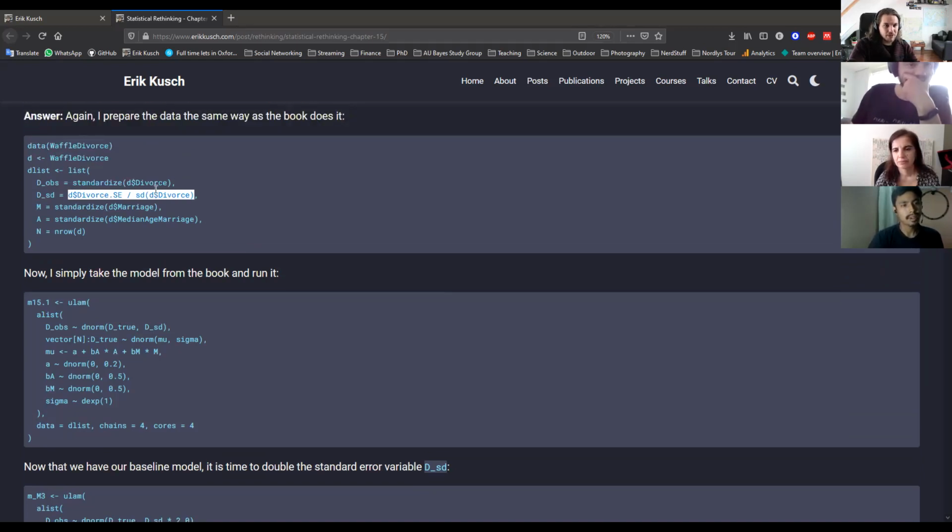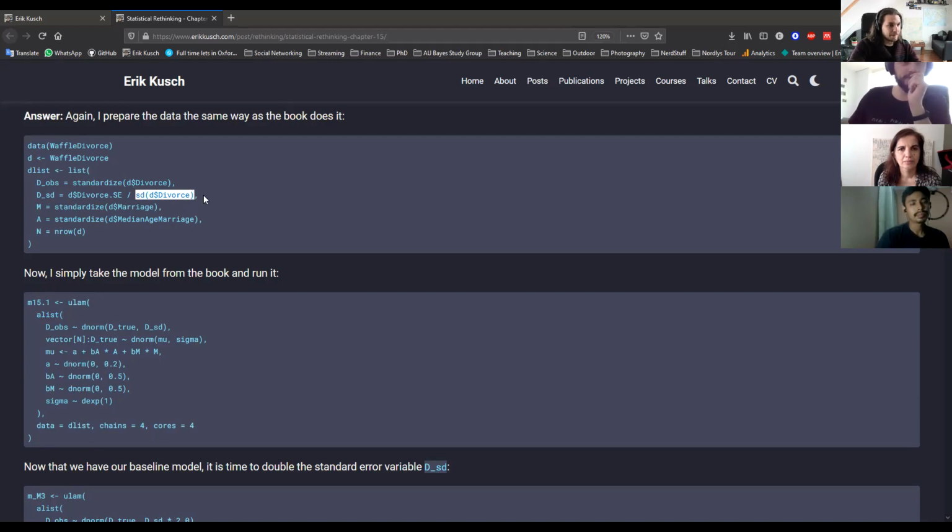Yeah, I also would have probably just gone with SD of divorce here. But no, sorry, we have to get to a standard error for each individual state. And that's why we take the standard deviation across all states in terms of divorce rates and divide the individual measurement error for each state by that standard deviation across all divorces. Yeah, this is basically you scaling it.